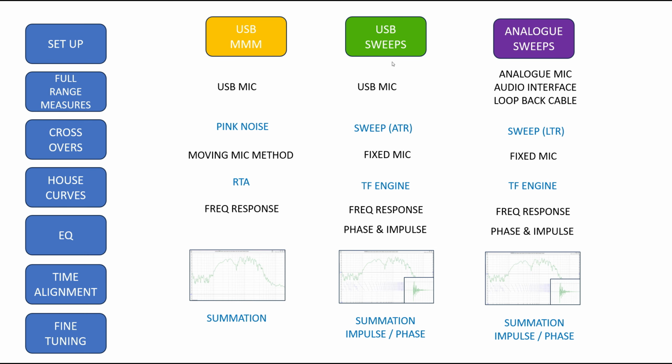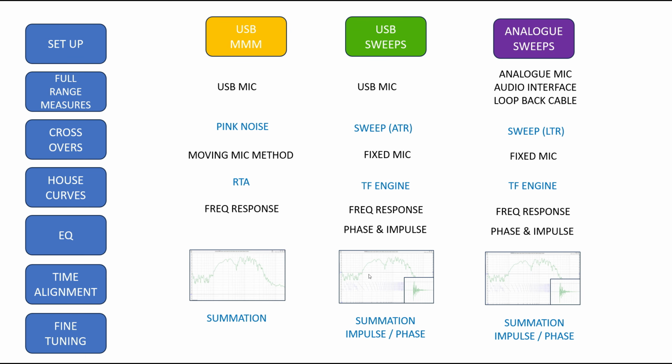So the next method, USB or analog, they use different microphones, but they both use, instead of pink noise, sweeps, which play a tone from 0 hertz through to 20,000 hertz. And rather than sitting in the car, you've got the microphone set up inside the car at the listening position, and you're doing the measurements from outside the vehicle, and you're using the transfer engine instead of the RTA to make the measures.